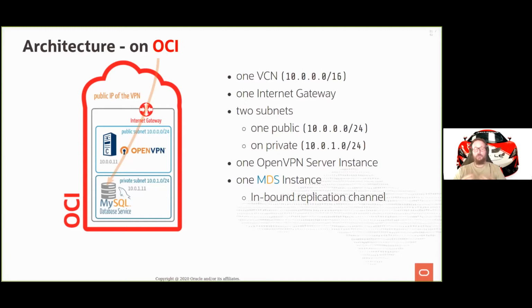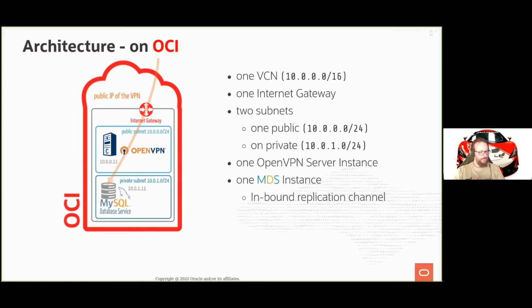This will be a compute instance, but we're going to use the one very easily installed from the marketplace in OCI, very useful. And finally, we have this MDS instance, which in my case has the IP 10.0.1.11. And as you can see, this instance is on the private subnet, right? And we will create an inbound replication channel to there.